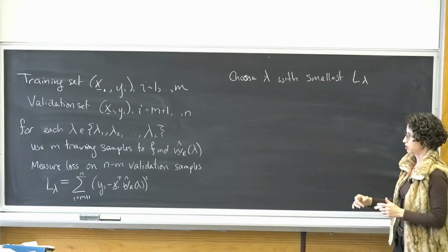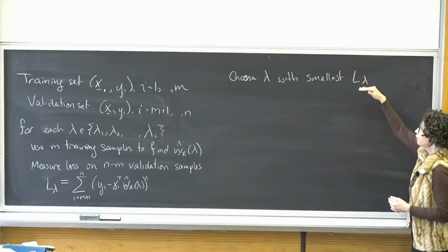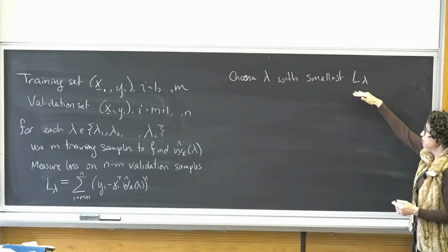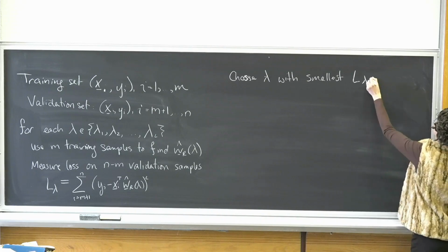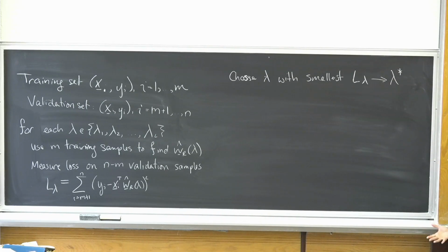And then in the context of the training and validation and test split, finally when I'm done, when I have chosen my lambda, let's call that lambda star, the one that gives us the smallest loss on our validation set.